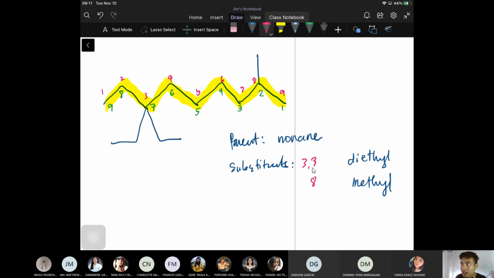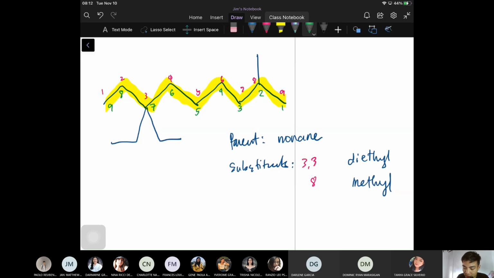Kasi baka mamaya ilagay nyo lang 3 diethyl. No? So mali yon. Kailangan, depending on the Greek prefix, ganun karami yung substituents or yung locant, no? Yung numbers natin. Okay? So, kunwari, kailangan 2 numbers yan. Okay? Hindi pwedeng isa lang.